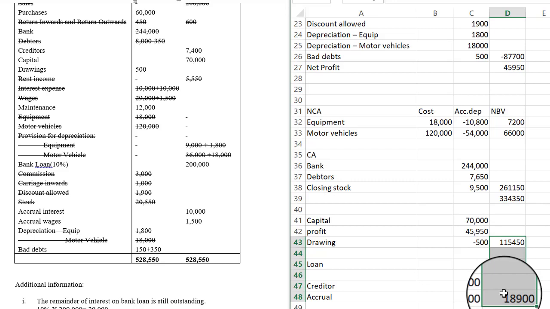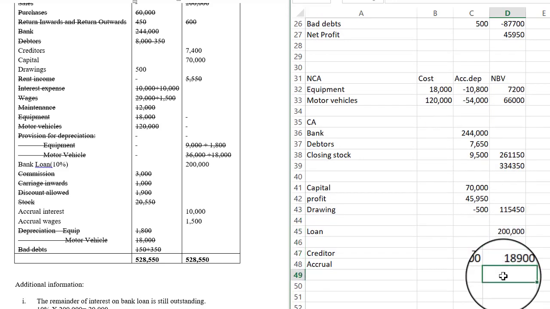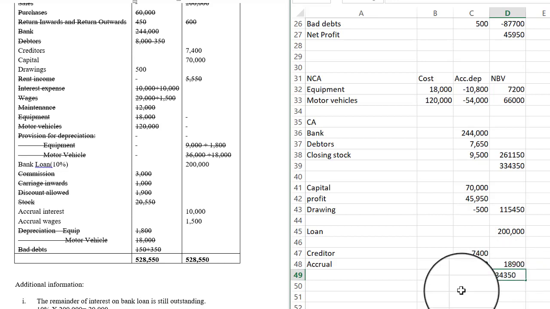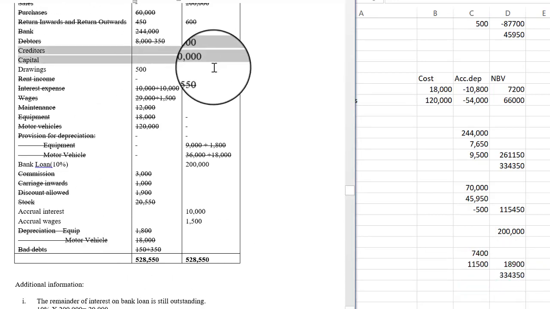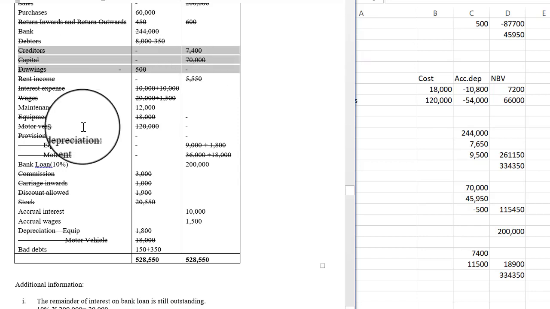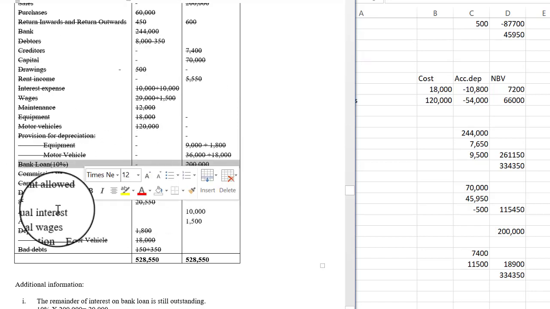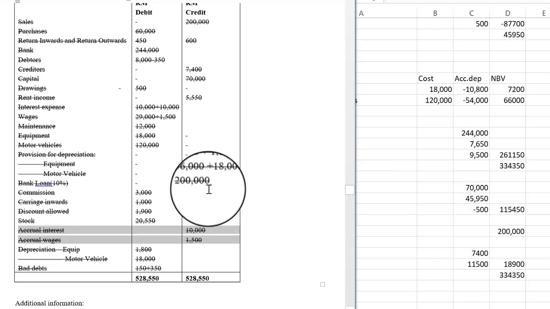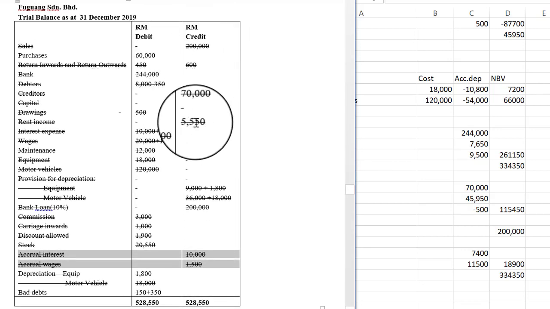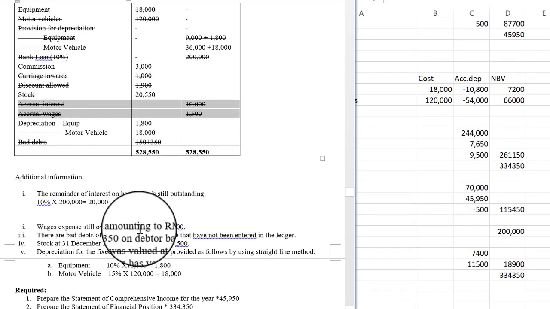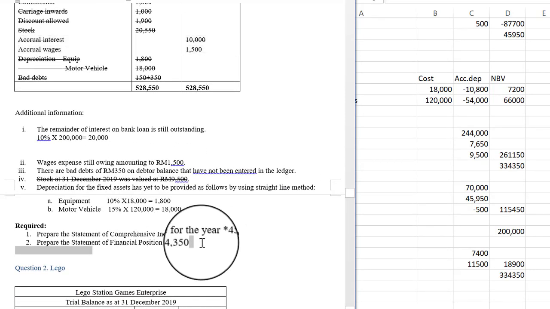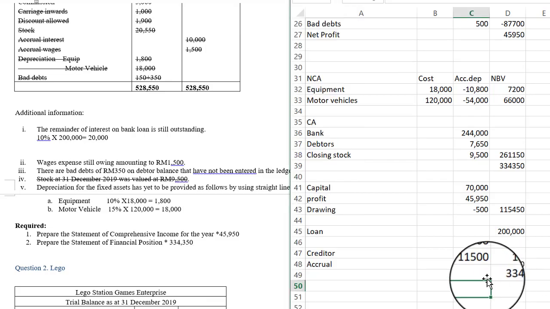So if you look at your total asset, you have 234,350. So if you check your asset here, this one you have done, and bank loan done, accrued expenses done. So if you look at here, all the figures you have been settled. Everything here you also done. Total answer 334,350.